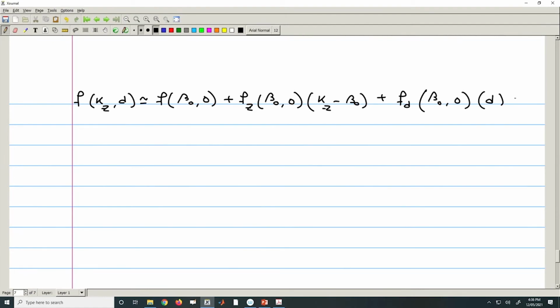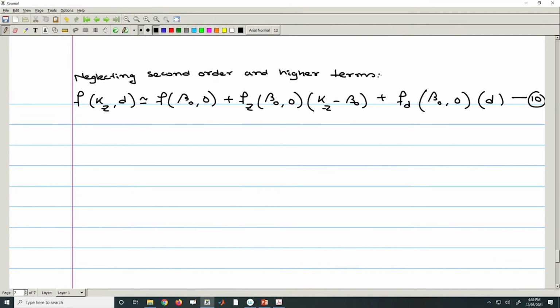Okay. So, this is equation number 10. Here we have neglected second order and higher terms.